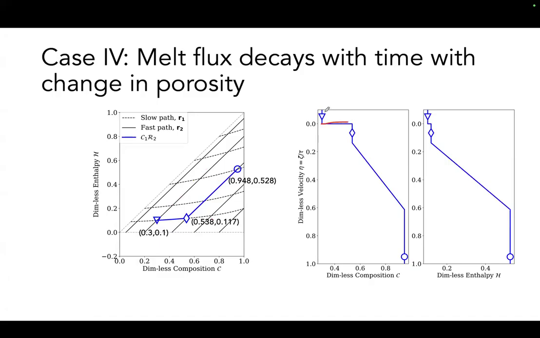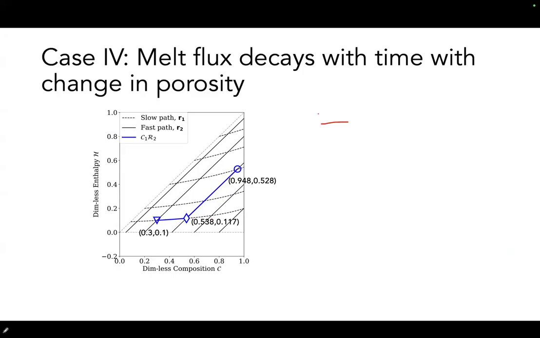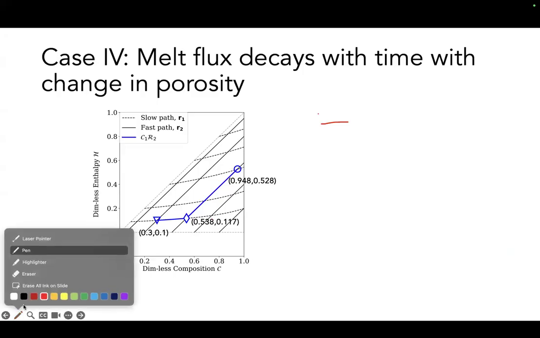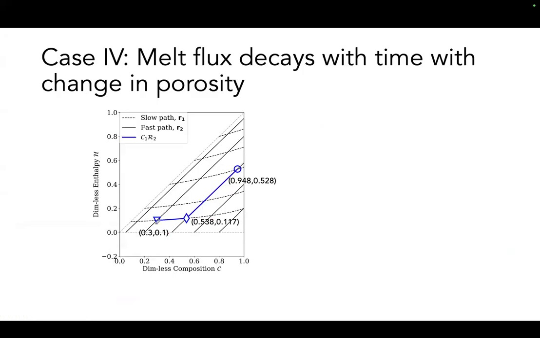So from top, the solution in this case is you first go on the slow path, or on the line of constant flux, because that is a jump in porosity, and that porosity jump does not move. And then you make a slow path from the left state, and then you make a fast path from the right state. And wherever they join is your intermediate state.